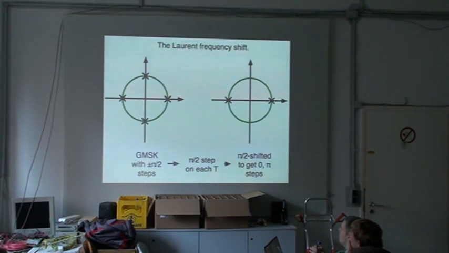So where it starts getting very clever is, you take the GMSK signal, and for every symbol that you see, add another pi over 2, another 90-degree frequency step.